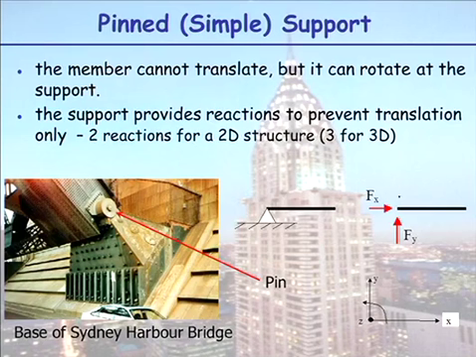So in 2 dimensions, we have two potential unknown forces, an Fy and an Fx. And we draw a pin connection as a triangle. So a pin connection is me now grabbing my ruler just with 2 fingers.